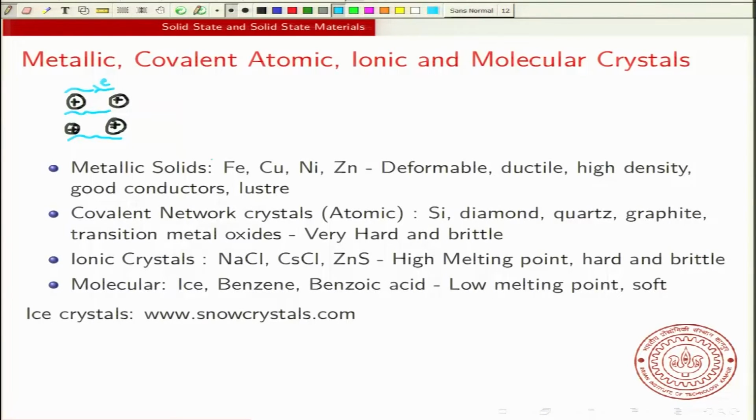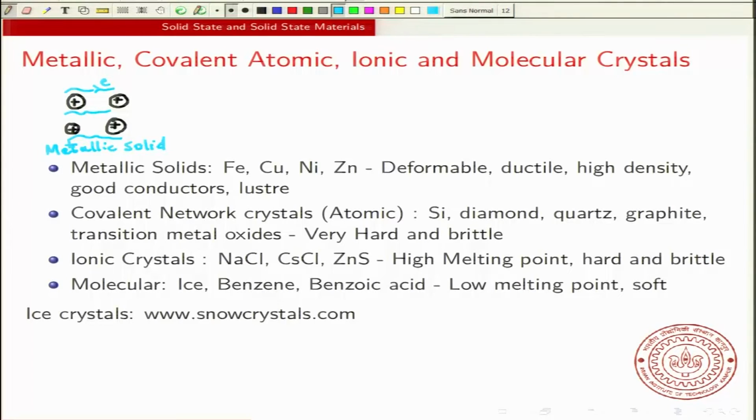We will of course discuss this in a lot more detail as we go on, but I just wanted to tell you the different kinds of crystals. So, these metallic solids have this kind of picture. So, this would be a metallic solid or a metallic crystal.